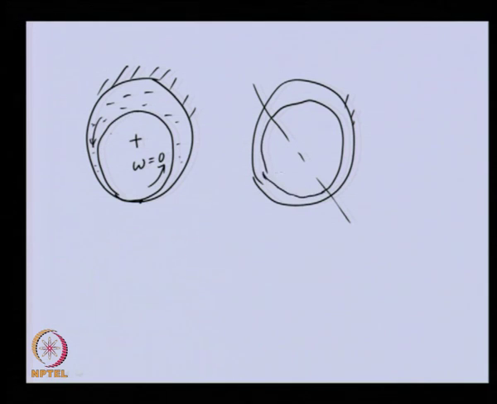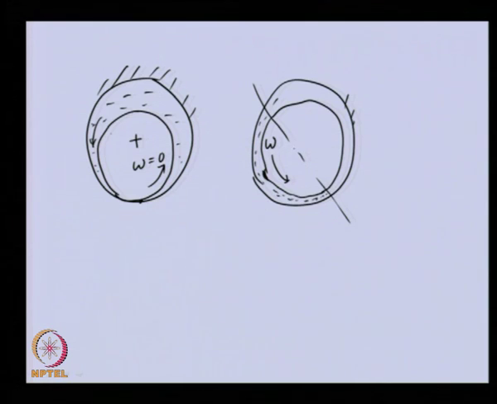Now you can see that because of the rotation of the journal, the fluid is pumped into this wedge, and because of that, pressure is generated in this region, and the weight of the journal is supported by the pressure generated in the fluid film.